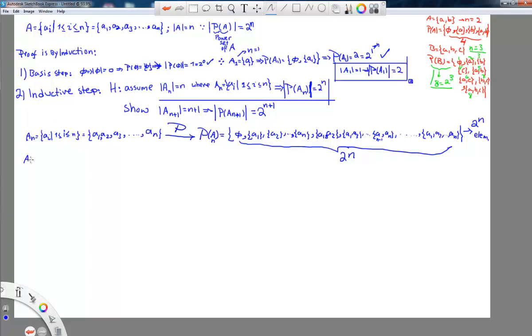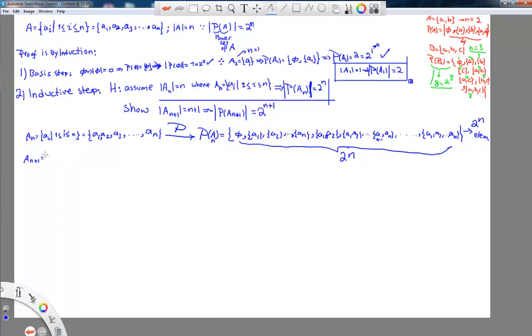Then I create the A sub n plus 1 to be the union of A sub n and just a one-member set that's made of the element A sub n plus 1. So I'm going to build this set. Actually, let me make it a little bit neater to see.